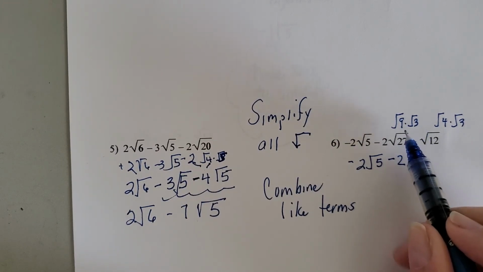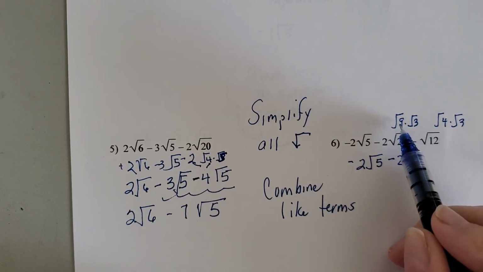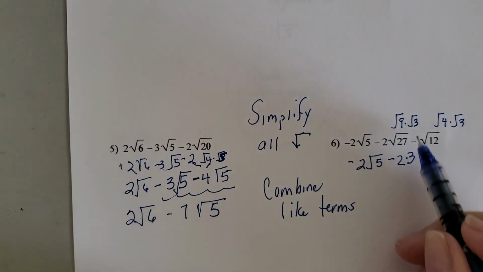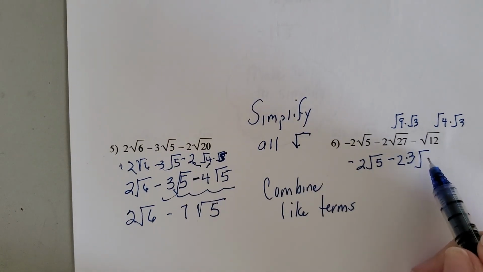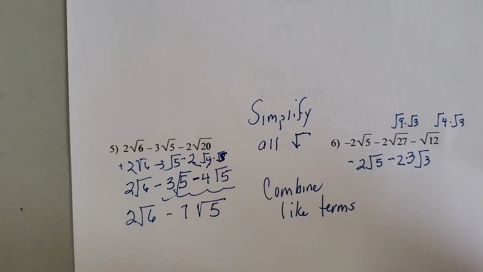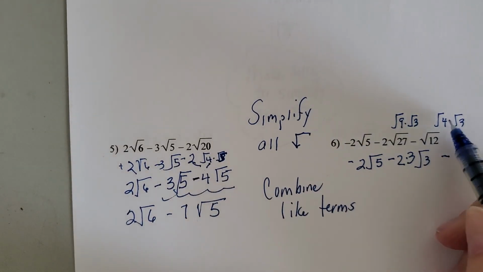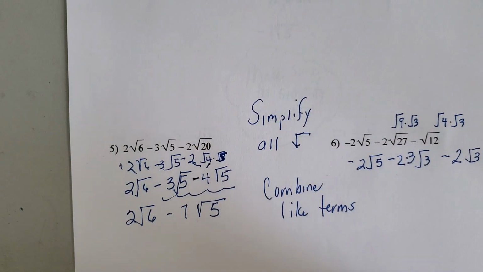Square root of 27, we could simplify to radical 9 times radical 3, and the square root of 9 is 3, so that's now out of a radical sign. Square root of 3, we can't do, so it stays. Bring down the minus. Square root of 4 is 2. Square root of 3 we can't do.